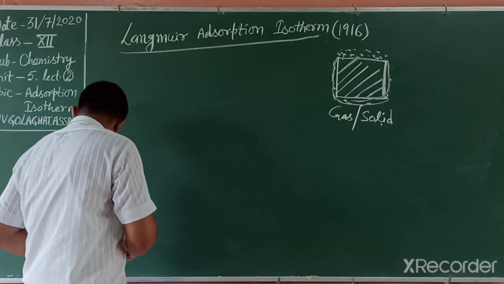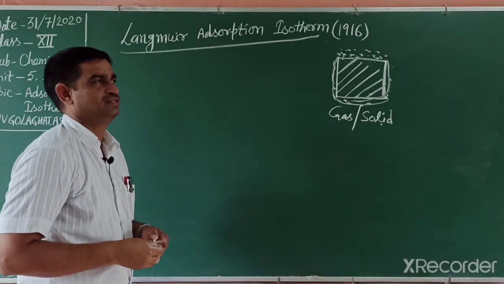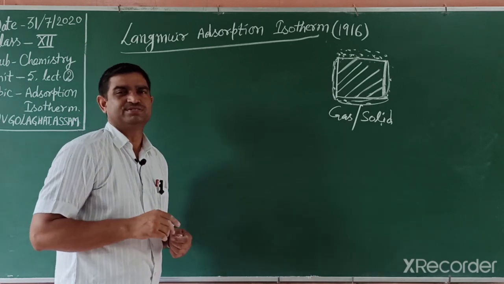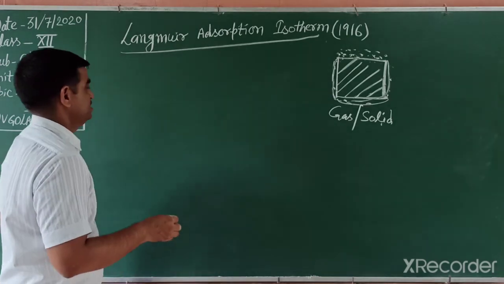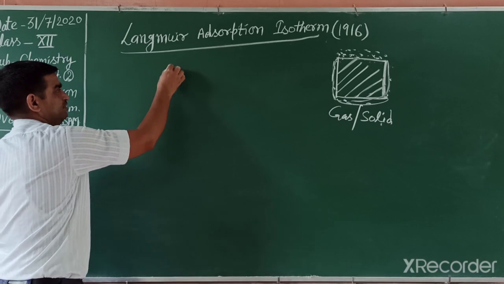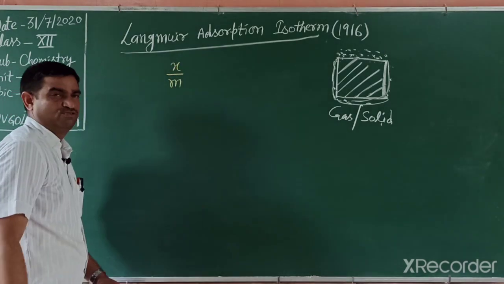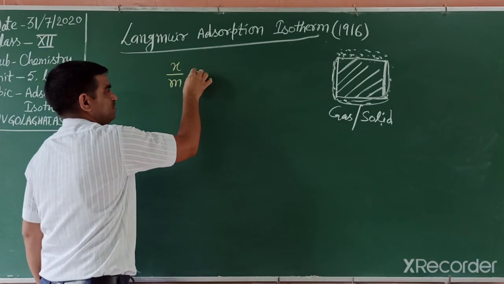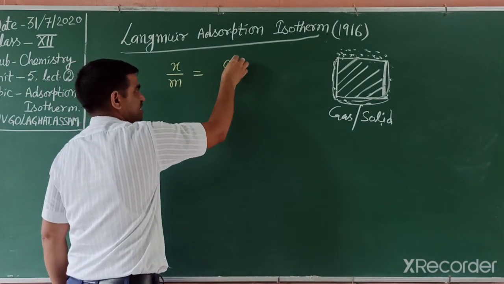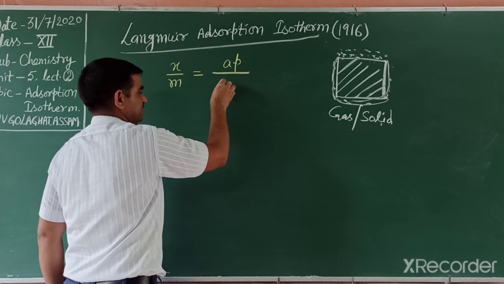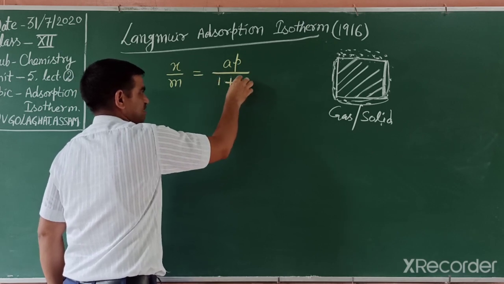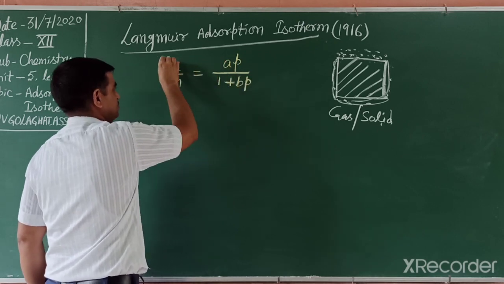He gave a relationship directly, but in higher classes there is a derivation also. Now I write the equation directly: x by m, that is extent of adsorption, is equal to AP divided by 1 plus BP.